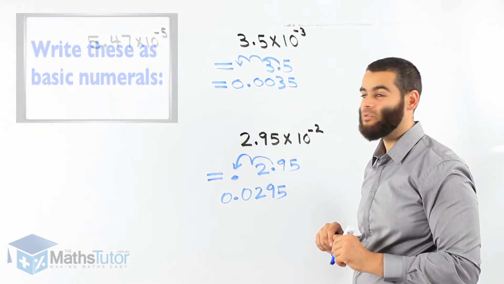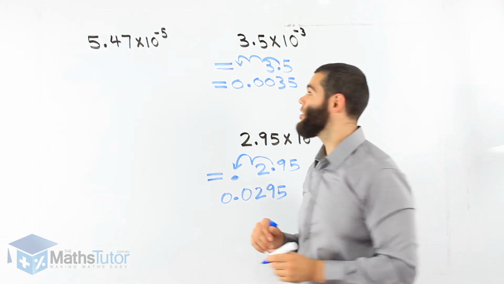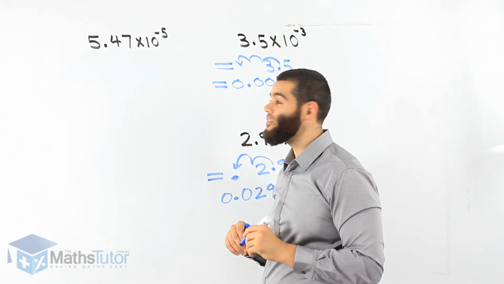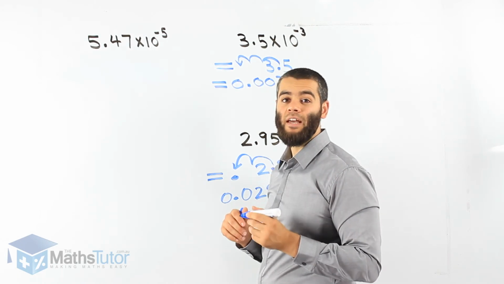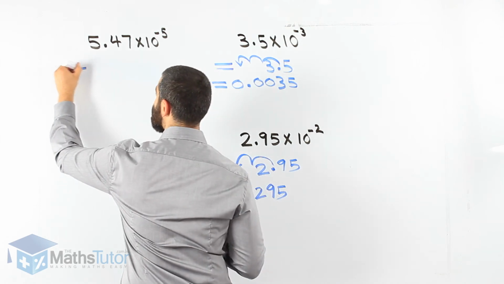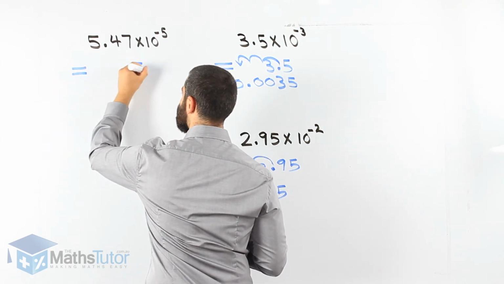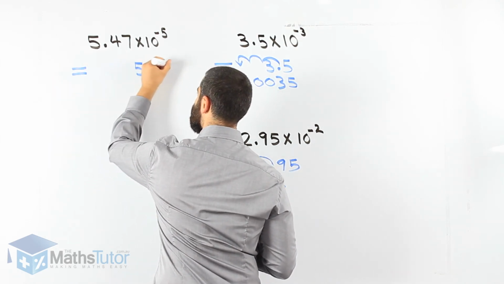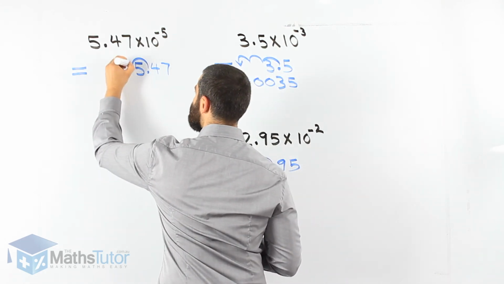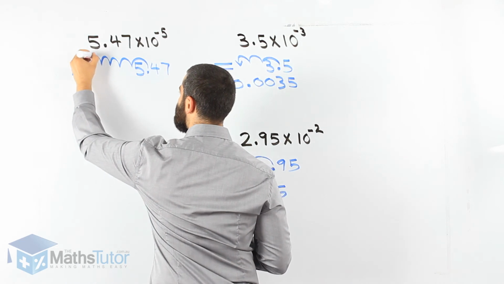Let's do our last one. Last example now. 5.47 times 10 to the power of negative 5. We're going to move to the left. How many times? 5 times. We're going to grab our point and move to the left 5 times. 1, 2, 3, 4, 5.